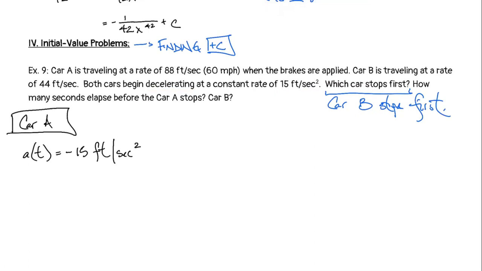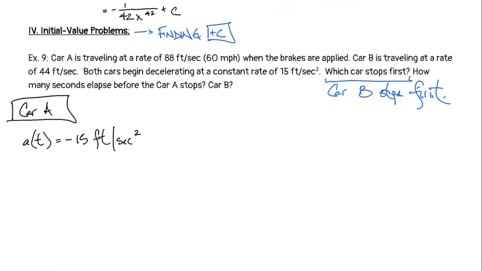Okay, so they've given us our acceleration function. And from here, how would we set up our velocity function? Well, we could say that is going to be the integral of a of t dt. And when we plug in the function, we'll get the integral of negative 15 dt.